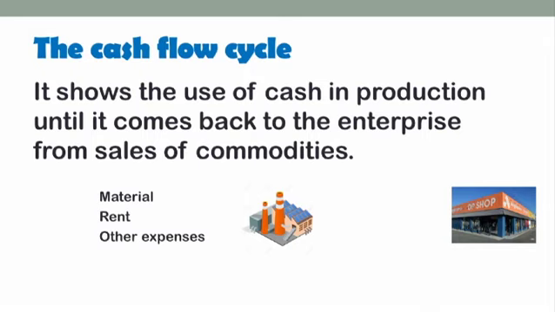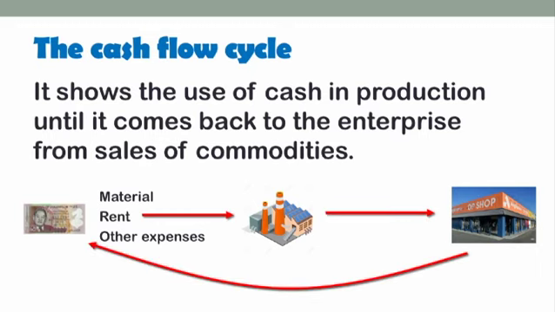After producing the shoes, the business will sell them, where they will obtain cash, which will be used over again to pay for raw materials and other expenses. The business will obtain cash by selling its products. This is a continuous cycle known as the cash flow cycle.